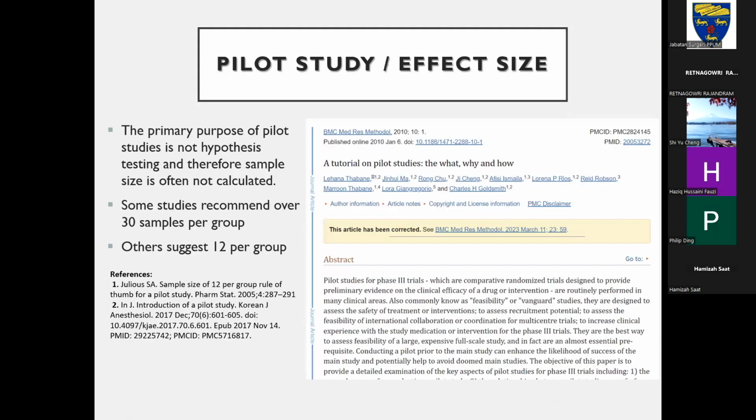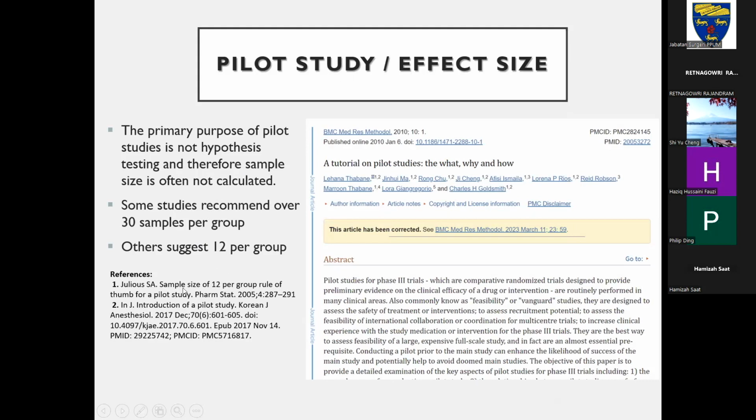Now, remember I mentioned effect size. When you deal with pilot studies, there's a better way to justify. So this is a reference paper. If you say you are doing a pilot study, there are already reference papers out there saying that you need at least 30 per group, whether it's 2 groups or 3 groups, so 30 per group.